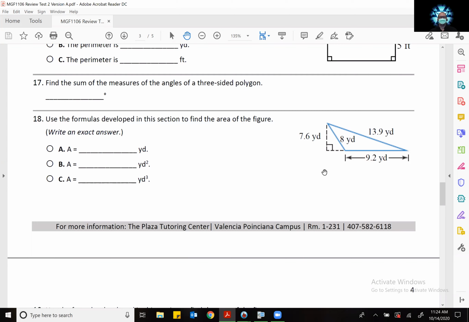What is the area formula for a triangle? 1/2 base times height. You got it. Let me draw my triangle real quick. 9.2 yards. The directions on this one also say for our answer, we want to keep it exact. So whatever happens, we're going to take everything that it shows us.